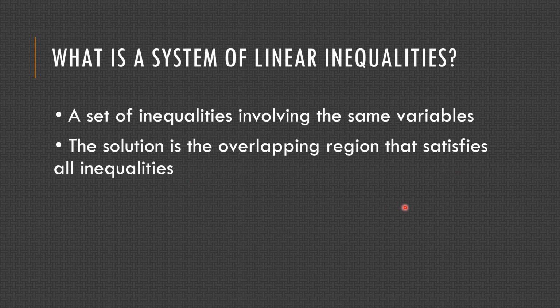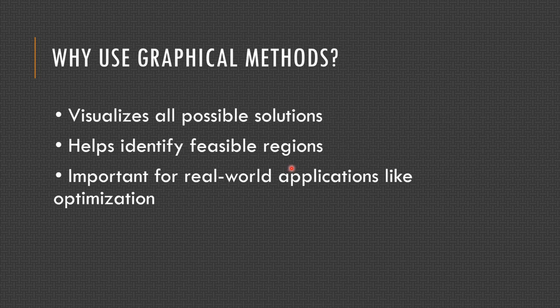So the solution will be the same as finding the solution of inequalities involving two variables, where we have to know the region that satisfies such inequalities. Then the main thing here is we are going to use graphical methods. So why do we have to use graphical methods?